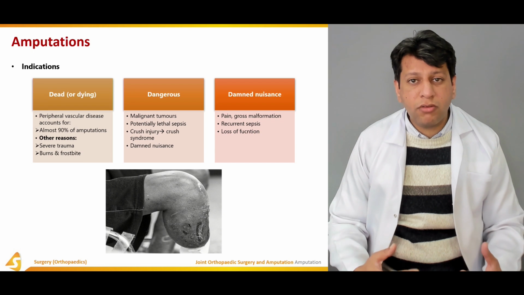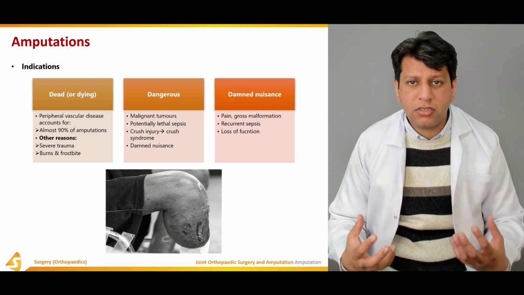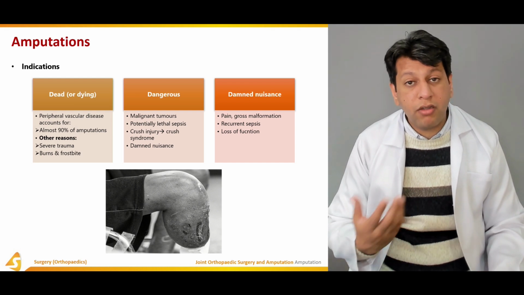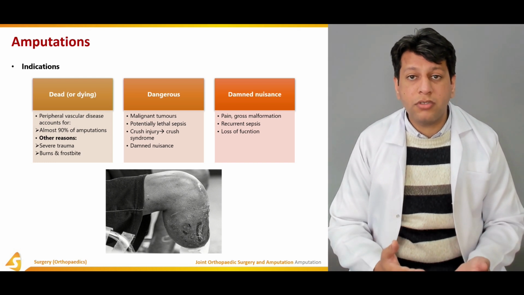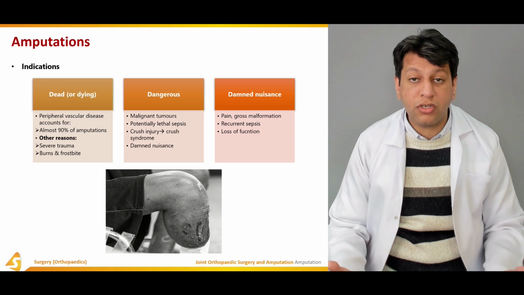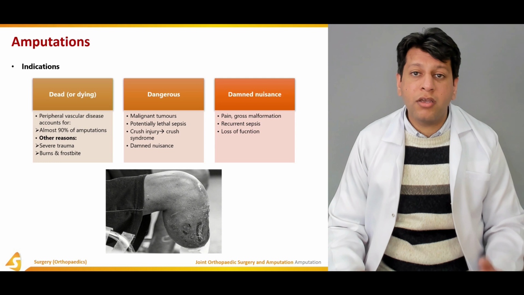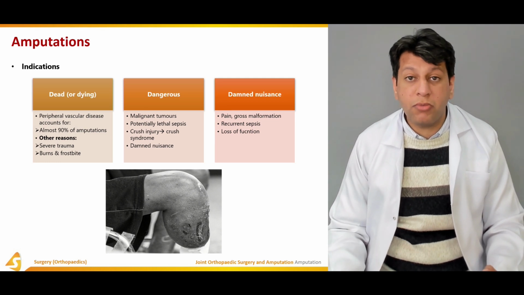For the patient who has been suffering from chronic osteomyelitis for so long, it could be really debilitating for the patient's life in general. So it's better to give an amputation and a prosthesis so that he or she can have at least a normal life with prosthesis, rather than having to deal with that kind of limb, which is actually more of a damn nuisance for him or her.